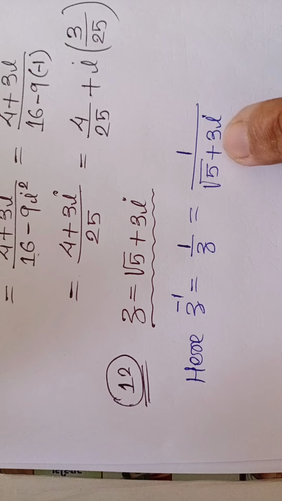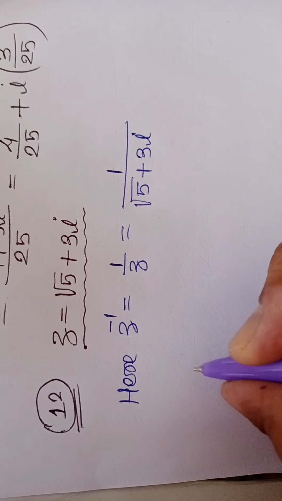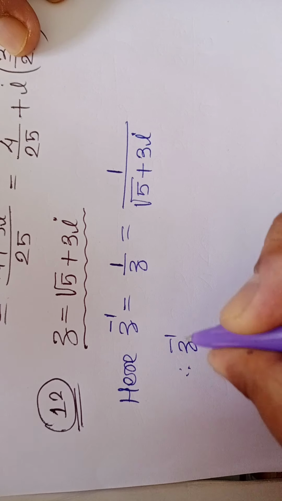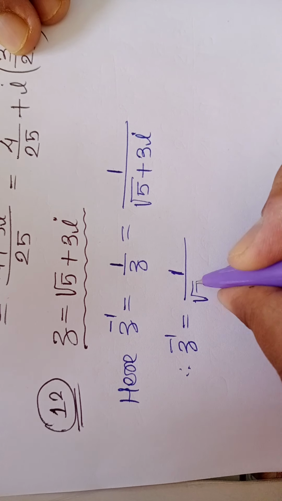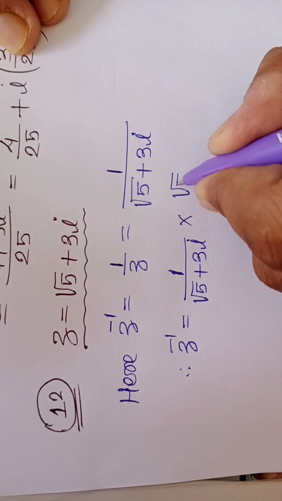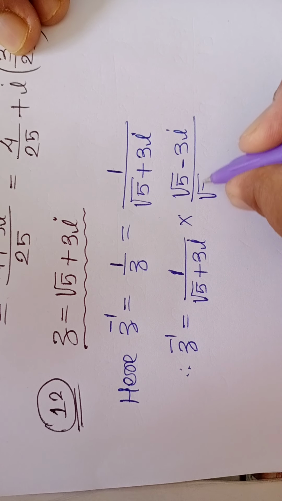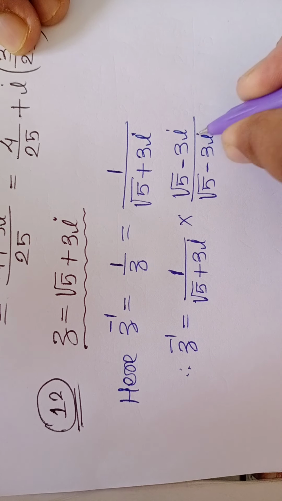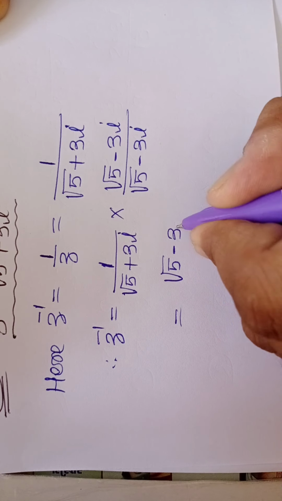But again we have to multiply and divide with its conjugate, the same method. So let me multiply and divide with root 5 minus 3i, right? So the numerator is again root 5 minus 3i.